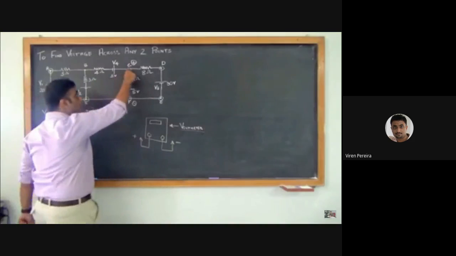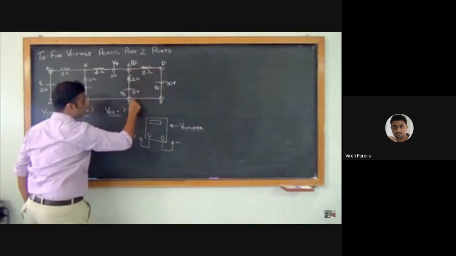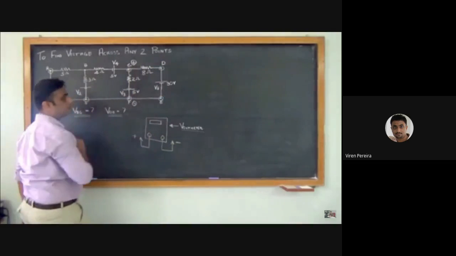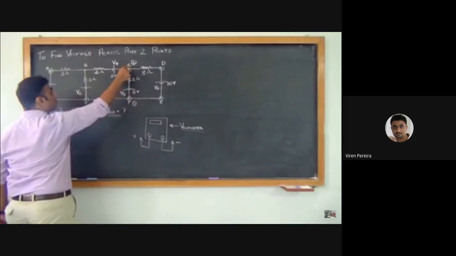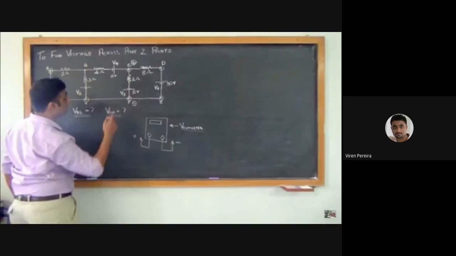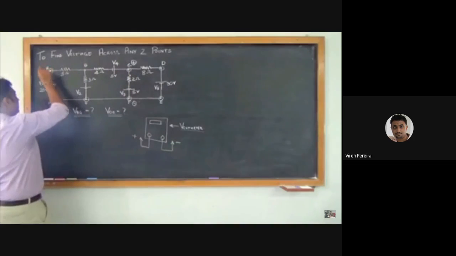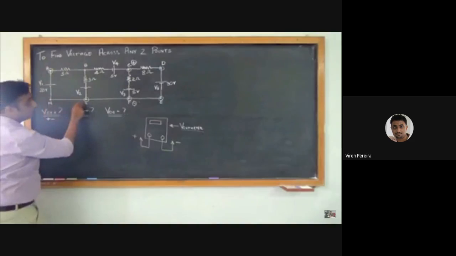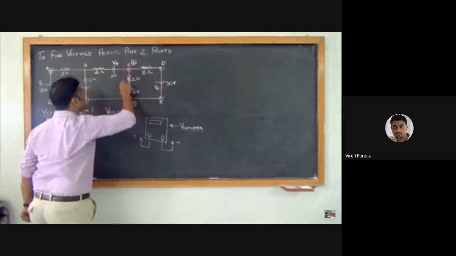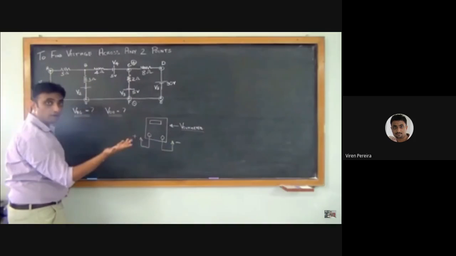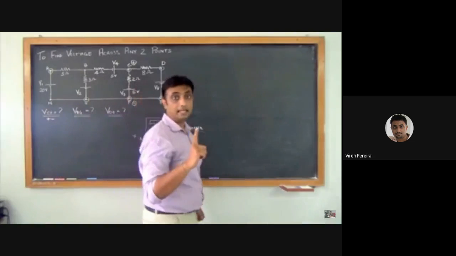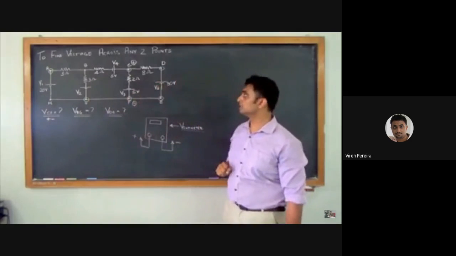Now I can even go via this loop as well. So this will be from C to D, from D to E and E to F. In the same way, I can even go from C to B, B to G and G to F. Another way could be from C to B, B to A to H, H to G and G to F. So no matter which way you take, whether it is the long way or the short way, your answer will be the same, maintaining the equilibrium in the circuit.